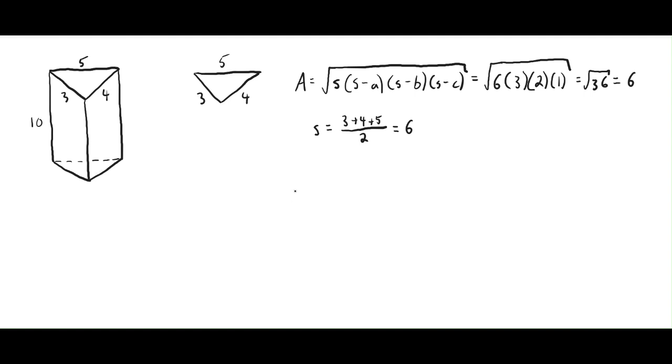Okay, so we found the area of that triangle, and let's find the area of each of these rectangles now. So this first rectangle, it's got a side of 3 up here, and it goes down with a side of 10. Can you see that? It's a 3 by 10 rectangle there.